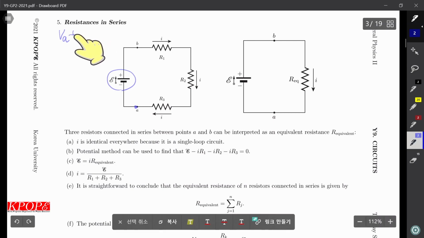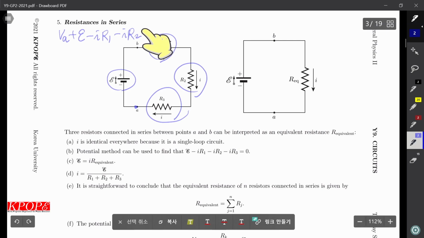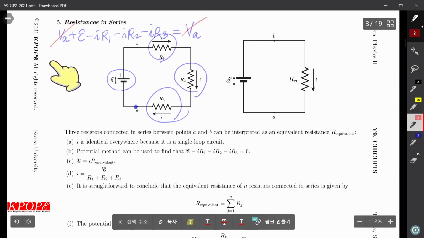Potential increases by E, and potential decreases by I R1, decreases by I R2, decreases by I R3. When you return to the point A, your potential returns to VA. VA cancels, so what you have is E equals I times R1 plus R2 plus R3.